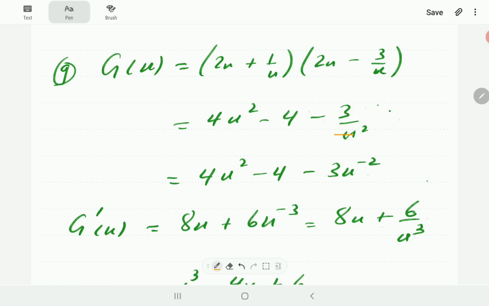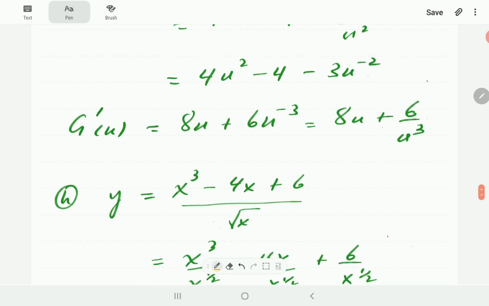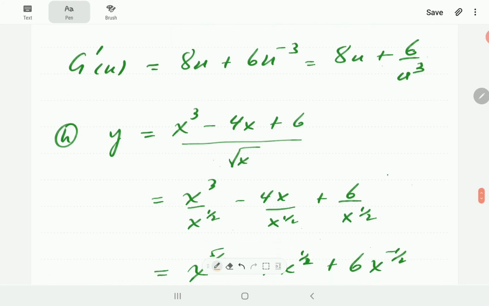Then again, this u squared, we need to bring it up to the numerator, so it becomes minus 3u to the power minus 2. Now differentiating, 2 times 4 gives us 8u. This is a constant, so it just gives us 0. Minus 3 times minus 2 gives us 6. Subtracting 1 there, we get minus 3. And then we can write it like that.